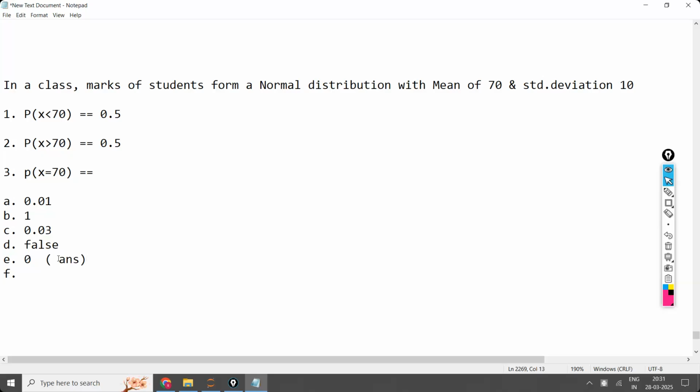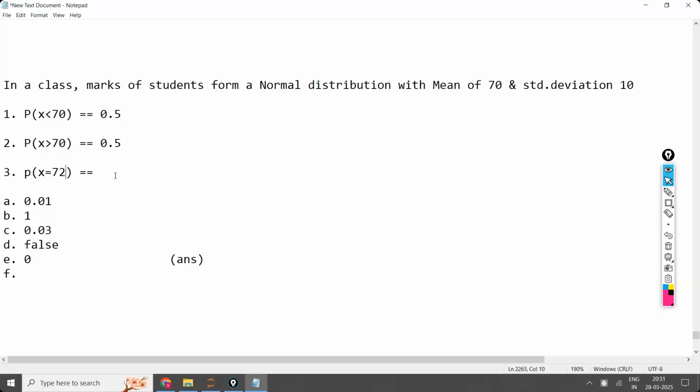0. The reason behind this is very simple. The probability of a single value is 0. Not only this one, any number. What is the probability of X is equal to 72? 0. The probability of 73? 0. Of 74? 0. For any single number, the value is 0.